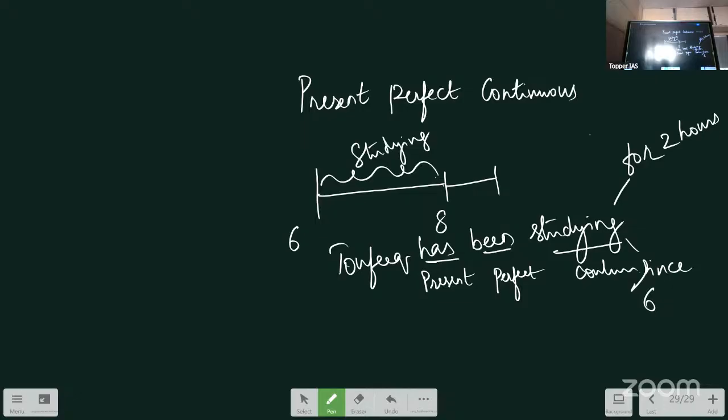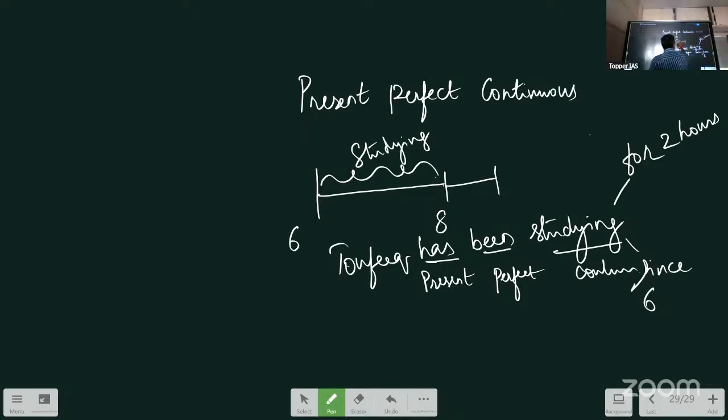I have been staying in Bangalore for 50 years. I have been living in Bangalore since birth. So "for" is countable time, "since" is the starting point. Is that clear?